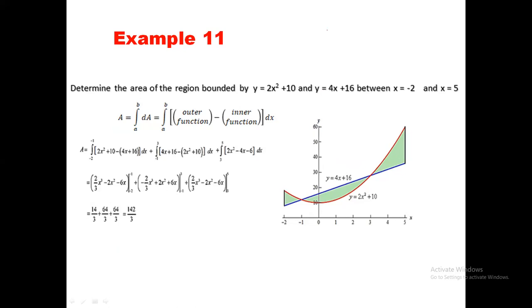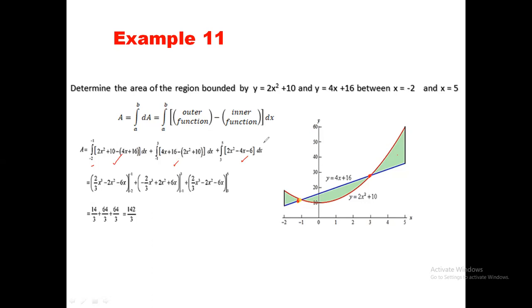Now, the first thing that you ought to do for this 11th example is determine this point of intersection, the coordinates, because you will have three integrals here. The first integral for this area, the second integral for this area, and the third for this area. And these are the integrals. So this is for the first, this is for the second, and this is for the third. Okay, then you just take the sum of the areas.